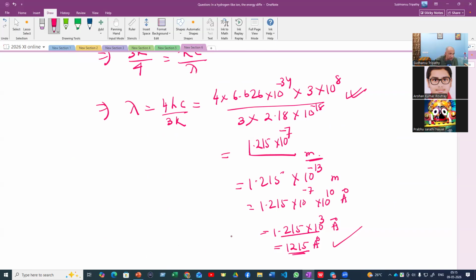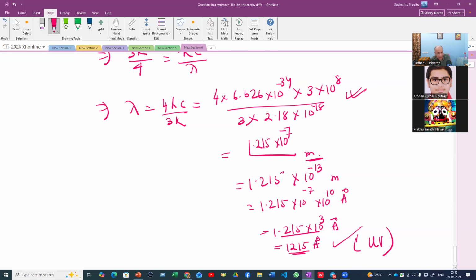So in which region does it fall? Look to your table, which we wrote last time. To which region does it fall? Sir, UV rays, ultraviolet rays.